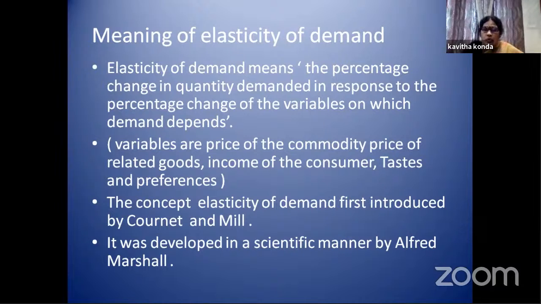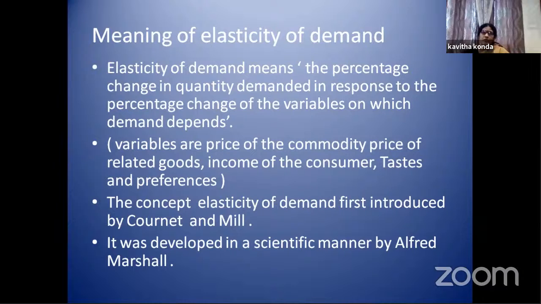Okay. So the elasticity of demand for some goods may vary from place to place, from time to time, and from one commodity to another. Why? Because the elasticity of demand will be different for different goods. If you take, for example, rice, salt, vegetables, they do not show any changes in the quantity demanded. Why?